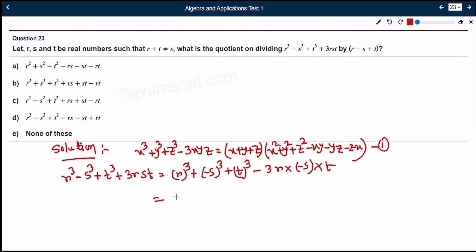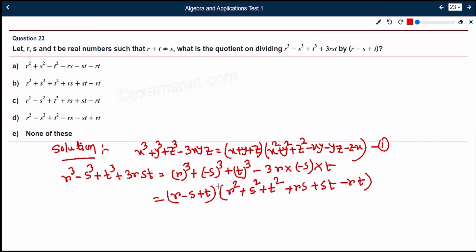So using that, I can write r minus s plus t multiplied by r square plus s square plus t square, minus the cross terms: rs, st, and minus rt.